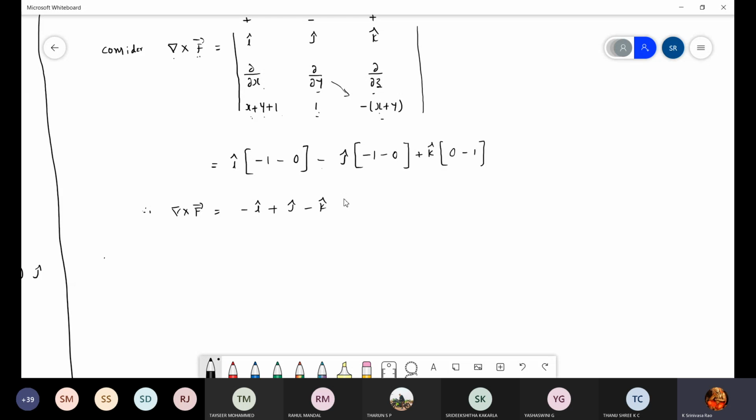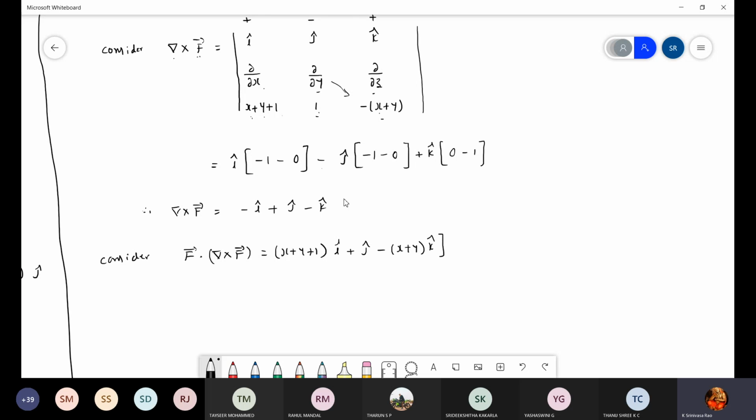So consider f dot curl f. You can write it in symbolic form or in word form, whatever it is. So f from our problem is x plus y plus 1 i cap, correct? And plus j cap minus of x plus y k cap.